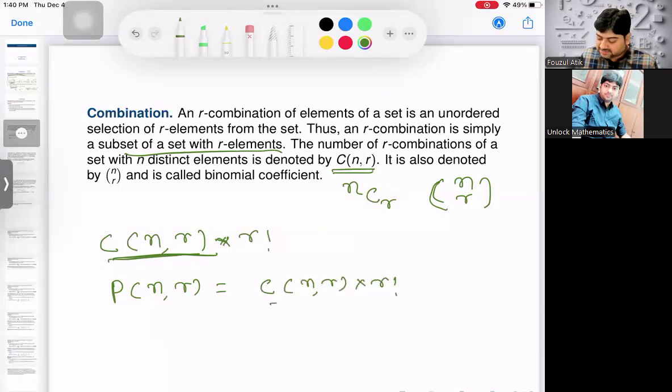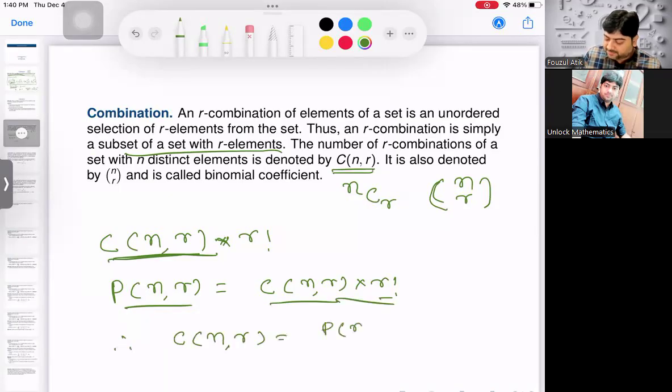So this way you select R elements from an n element set, and each selection you can arrange in R factorial ways. If I multiply them, I get that R permutation. Therefore, what is the value of C(n, R)? C(n, R) is equal to P(n, R) divided by R factorial.